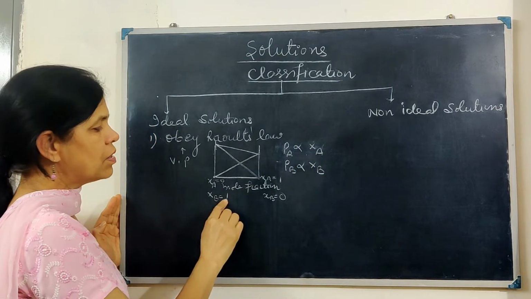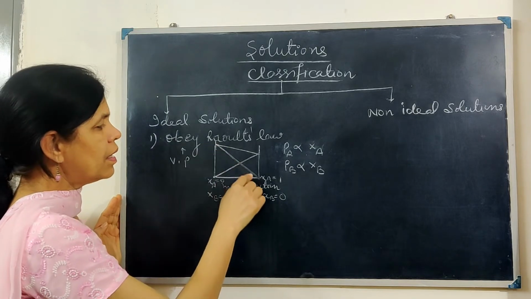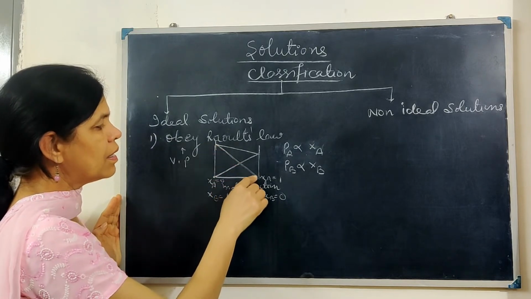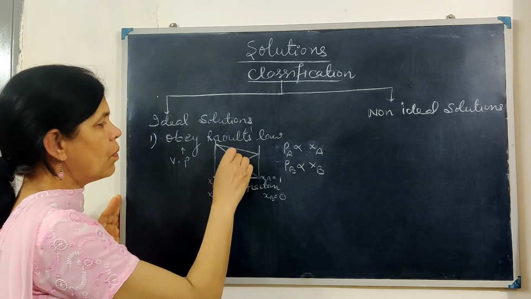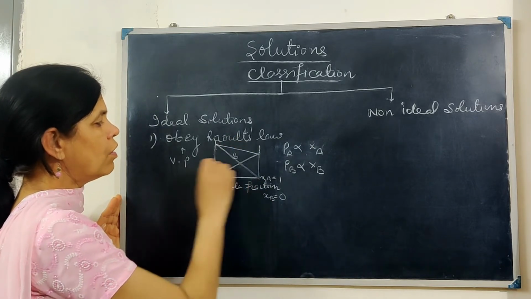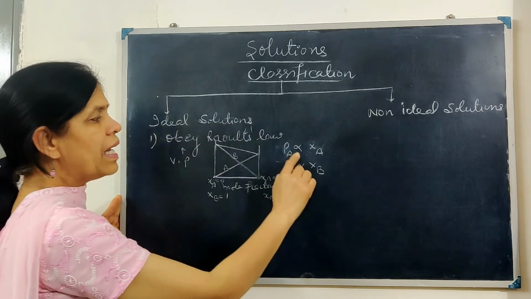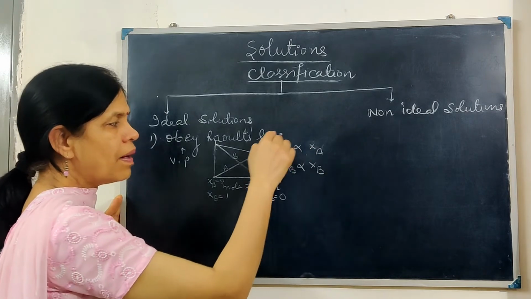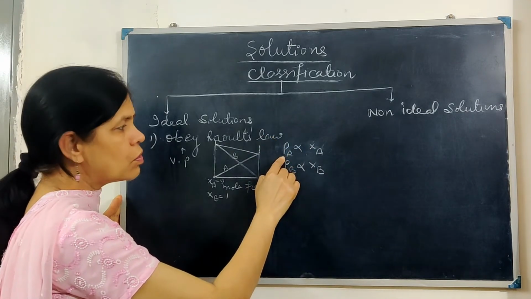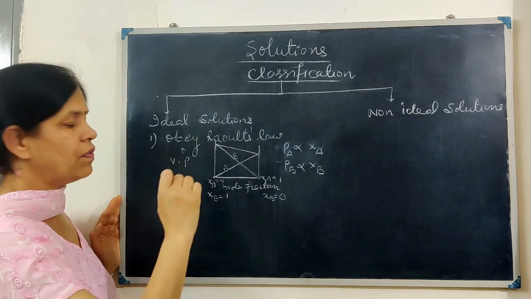Here, mole fraction changes from 1 to 0, so in the same way it keeps on decreasing with the decrease in mole fraction. This is for the B component and this is for the A component. So if a solution obeys Raoult's law, meaning as mole fraction increases the partial vapor pressure also increases, then we say it is an ideal solution. This is one of the conditions.